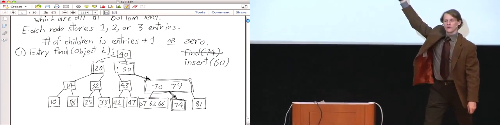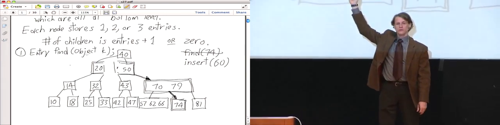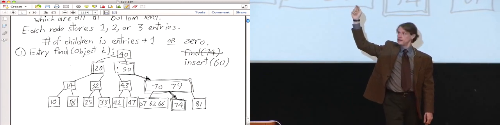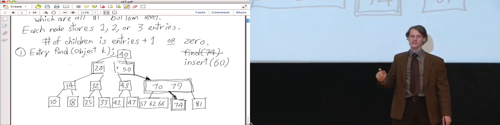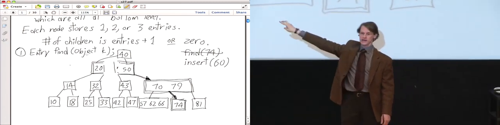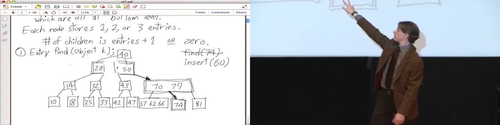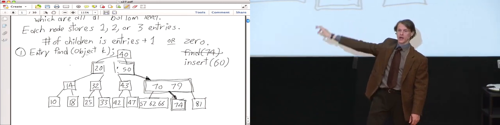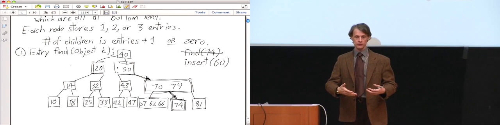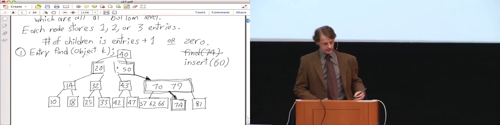So we've just created a new root node with a 40 in it. It now has 2 children, 20 and 50. The 20 still has 2 of the original 4 children of the original root node. The 50 has the other 2 children. And from there we can continue moving down the tree, searching for 60.